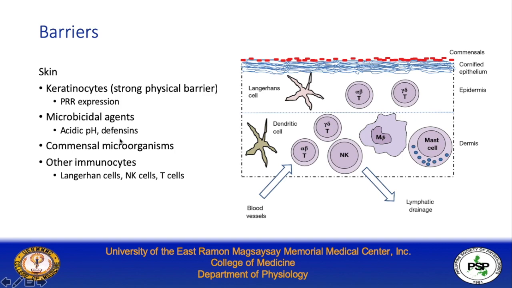And there are other immune cells present in our skin. Of this, please take note of the Langerhans cell, which would phagocytose microorganisms, and it can process the non-self proteins.